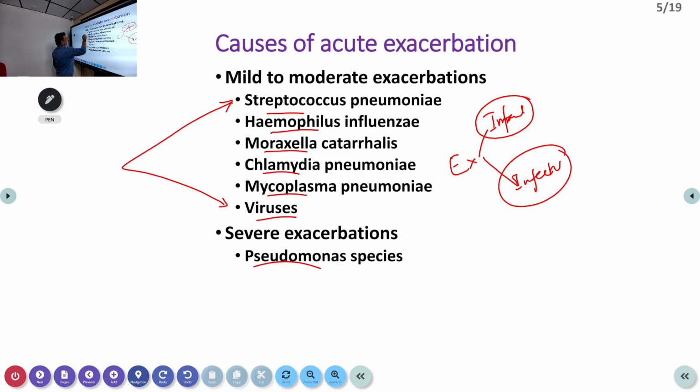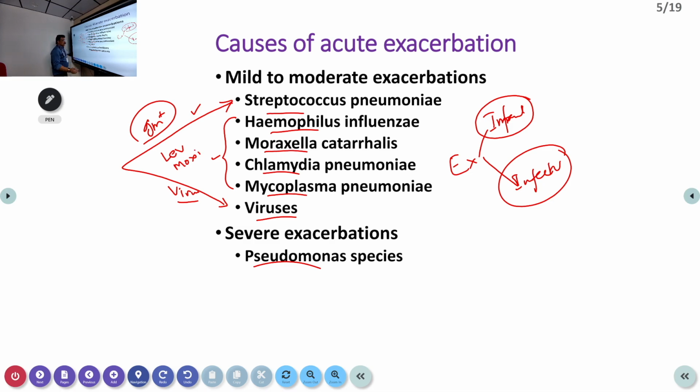So a person with a normal lung, most of the time the infections are due to gram positive organisms or viruses, and you have to cover mainly gram positive when selecting your antibiotic. Whereas in COPD, gram positive is already there, but you get some gram negative also. So when you select an antibiotic, it is always better to go for a wide coverage antibiotic. That's why we always go for levofloxacin or moxifloxacin in COPD exacerbation.